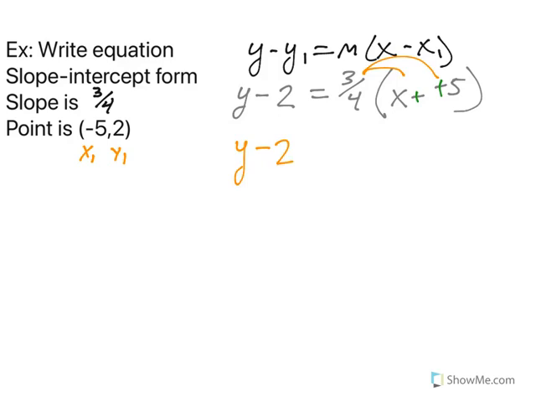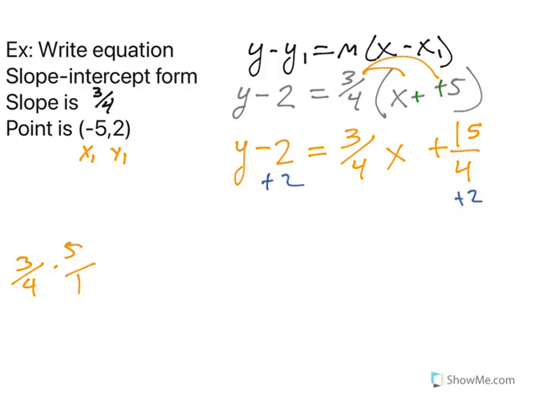On the left, I still have y minus 2, and on the right, I have 3/4 times x, which is just 3/4 x. Now, when I take 3/4 and multiply by 5, that's like multiplying by 5 over 1, I end up with 15 over 4. Now, that's not bad right there, but I need to add 2 to both sides. So, I'm going to take 15 over 4 plus 2 over 1.